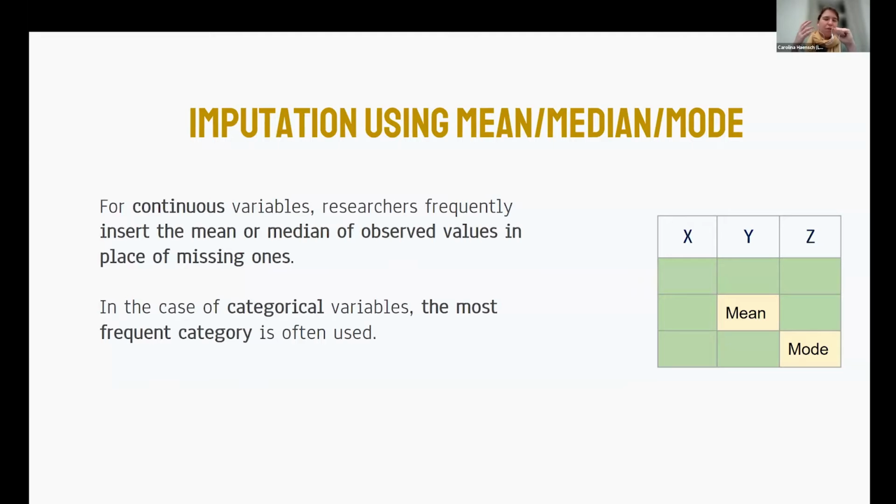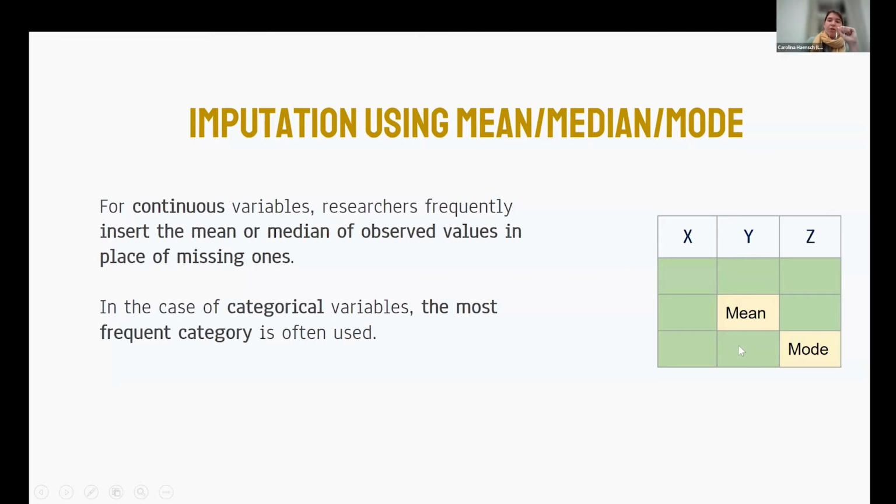And one of the most common approaches back then, but maybe even today, is to fill in, to impute the mean or the median or the mode that we get when we estimate those quantities with the observed data.